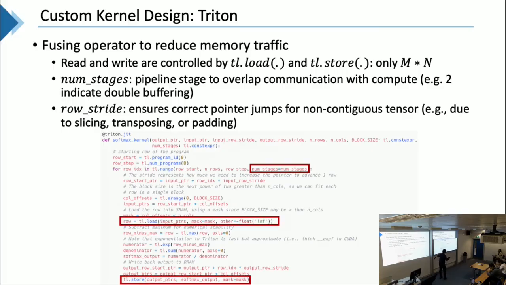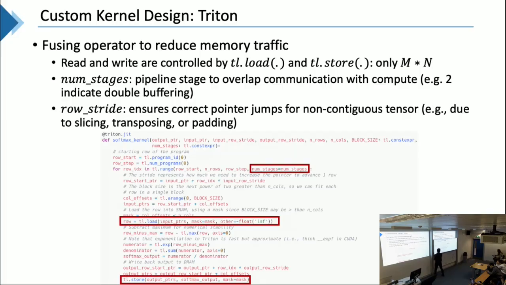Here we use the number of stages. If you recall in your computer architecture course, we have an idea called double buffering, which means we can overlap the compute with the communication. So if you set this number of stages to 2, it enables double buffering. Instead of having just one buffer, you can have 2 buffers.